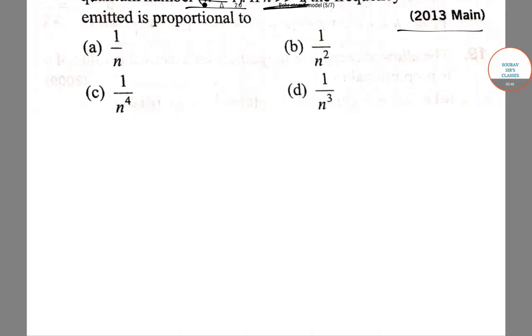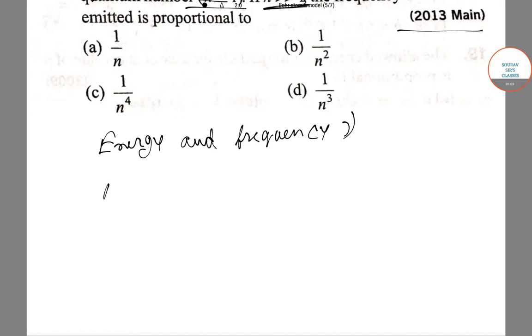So, we know the formula which relates energy and frequency nu. The formula is delta E equals h nu.